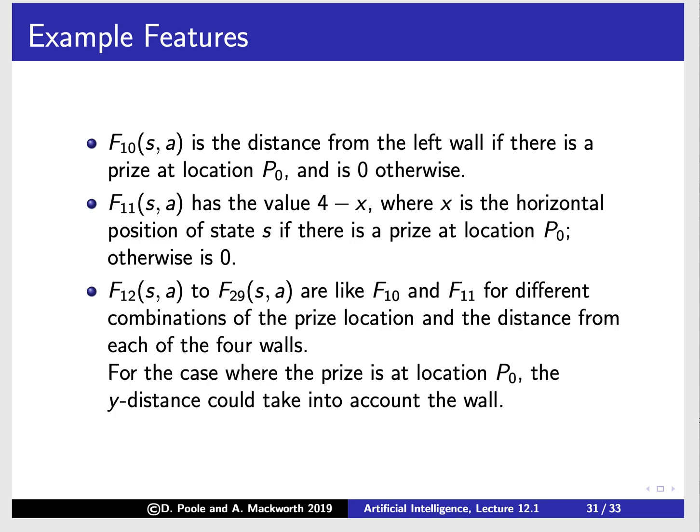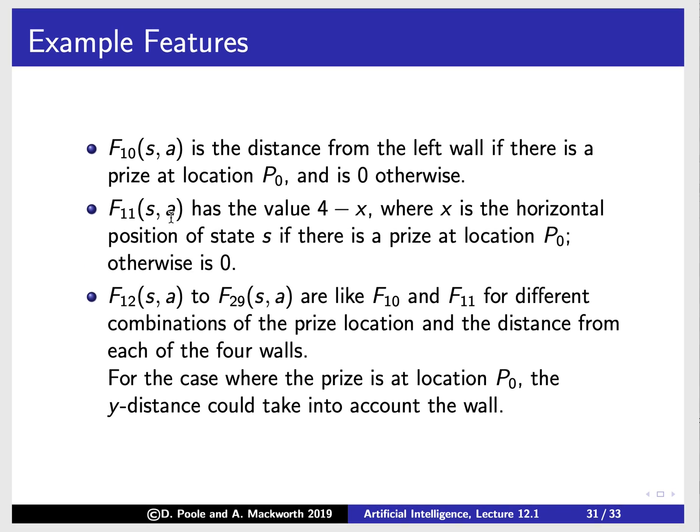So basically this is trying to look at the left wall, trying to say the position is at 0 towards the left wall. It's also doing the distance from the horizontal position if there's a prize at a location. And there are all these other ones for different combinations of prize locations and distances from the walls.